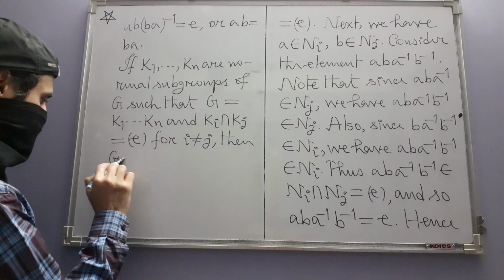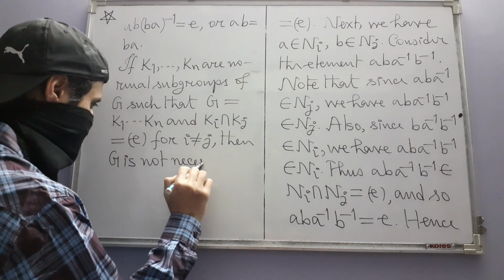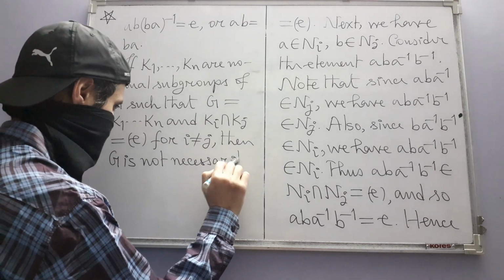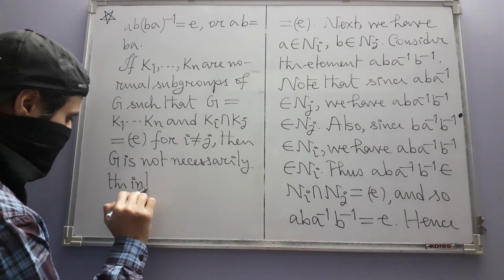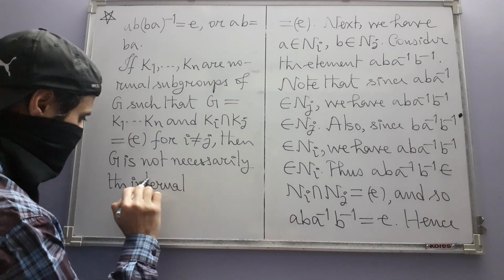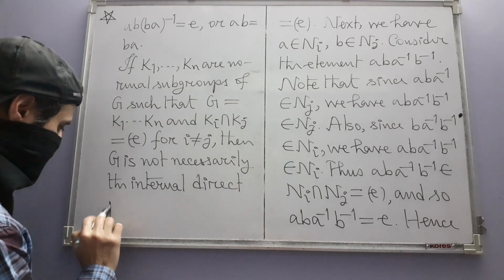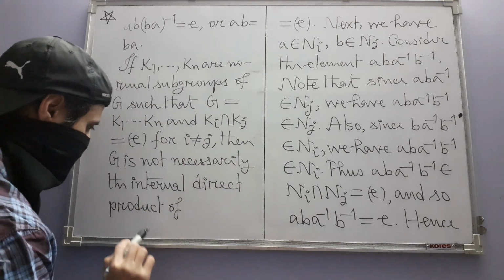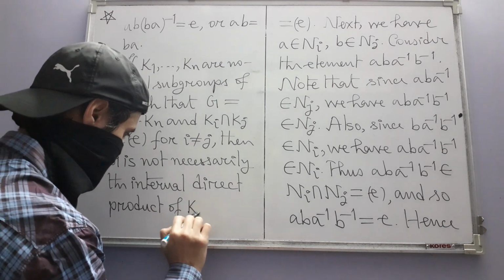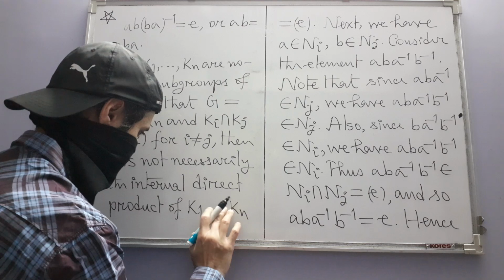Then G is not necessarily the internal direct product of these normal subgroups. You see, we have almost everything now.